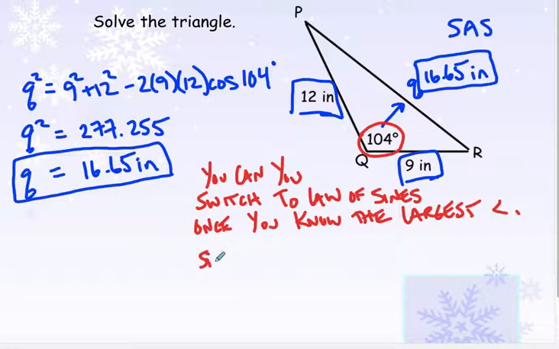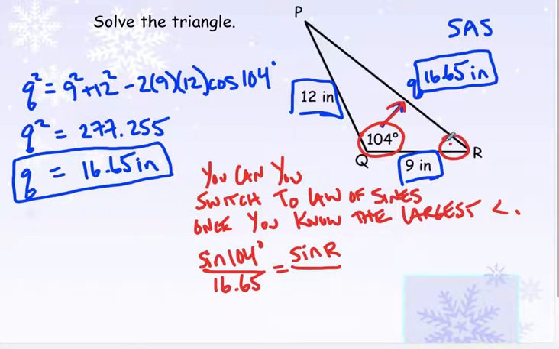I can do sine of 104 divided by the side across from it, which we now know is 16.65. And then I can do either angle. So let's just do angle R, how about? And that will be divided by the side across from angle R, which is 12.